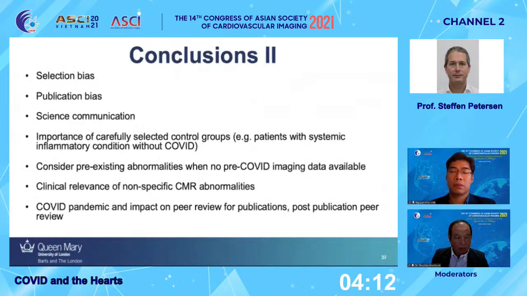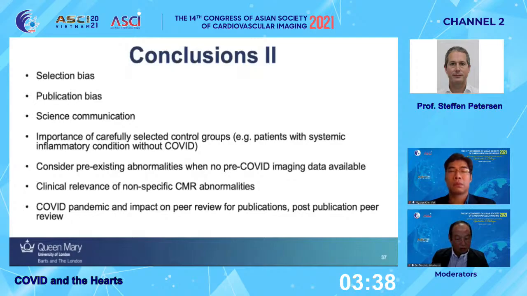Here I list study design and other considerations which I believe partly explain why we have seen shifts in perception of the gravity of COVID impact on the heart. That includes selection bias, publication bias, science communication, and by that I mean that we've seen shifts from the typical pre-publication peer review to maybe a faster peer review and then followed by post-publication peer review.